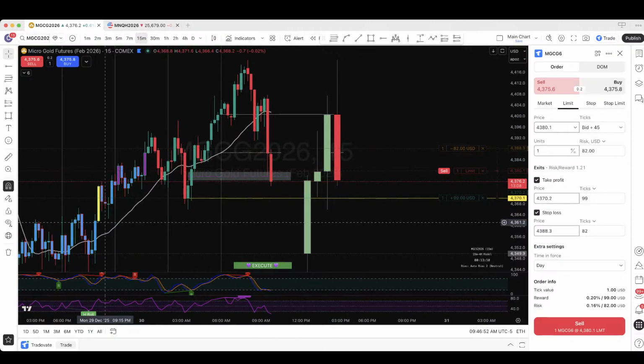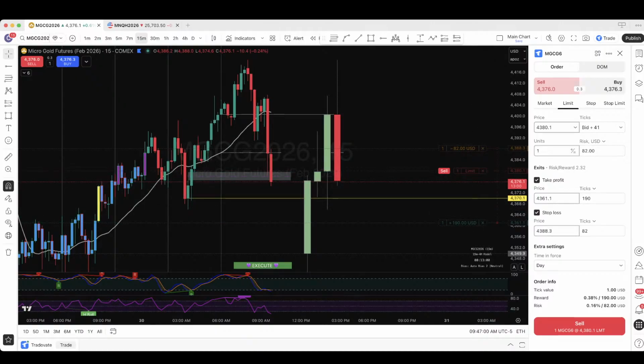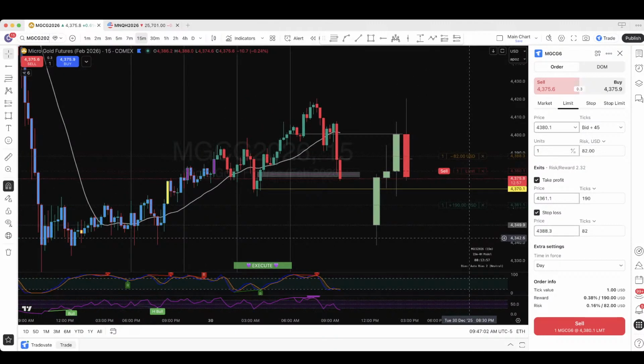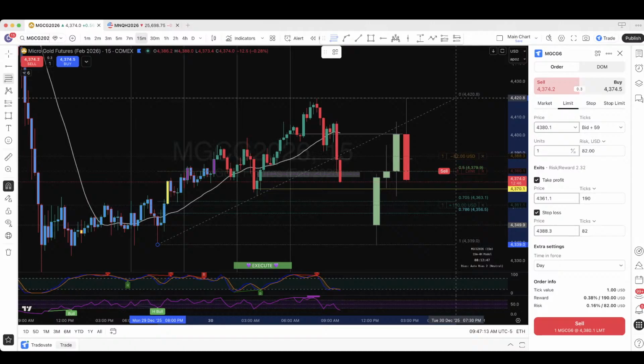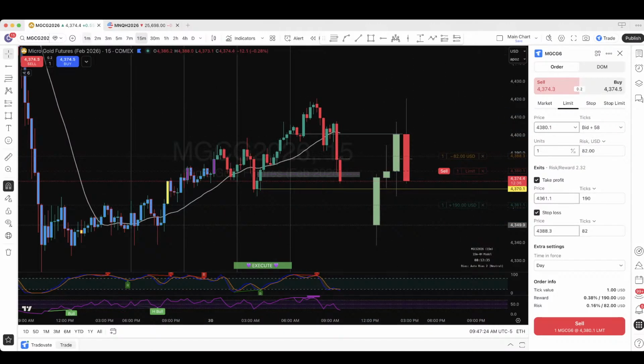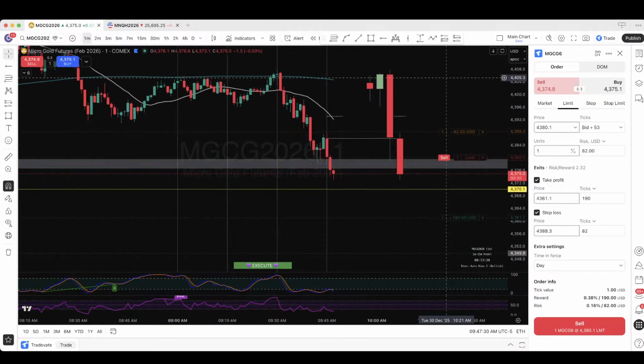This fair value gap down here. You will never believe where that fair value gap lands. I'm gonna miss this trade. I'm not even 100% sure I like it right yet.